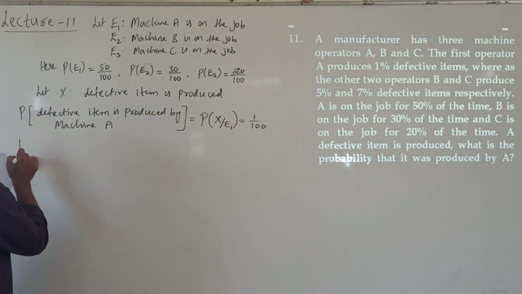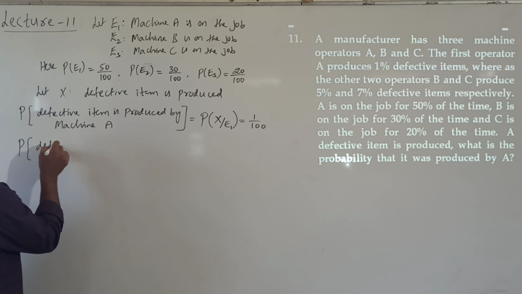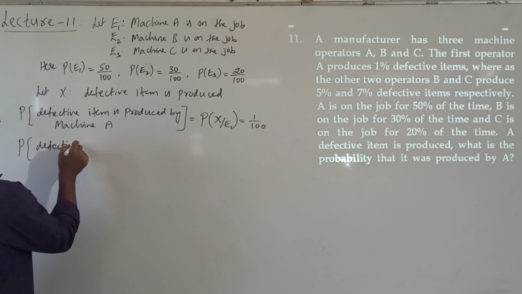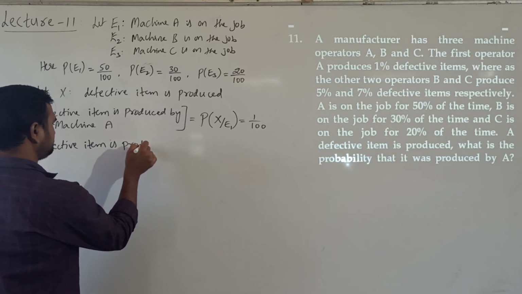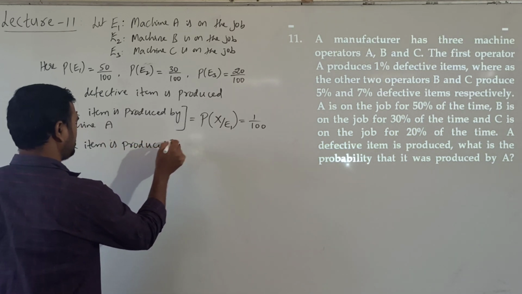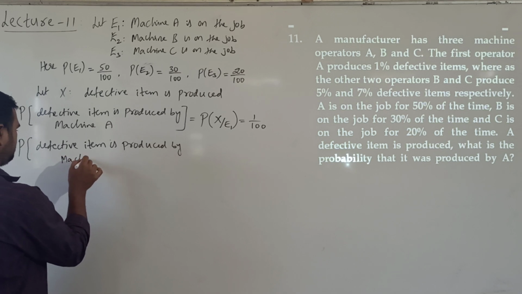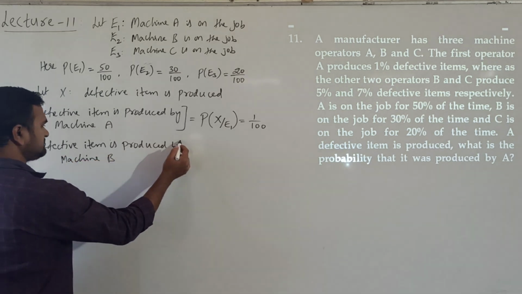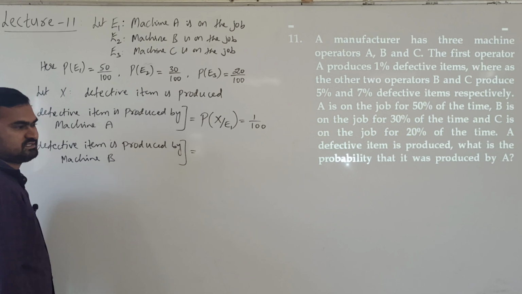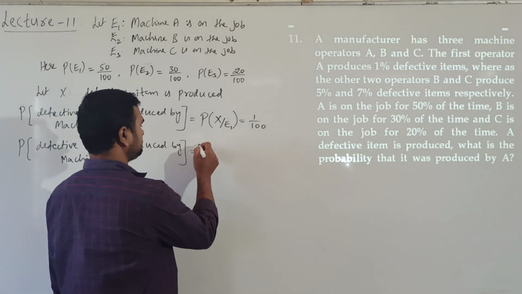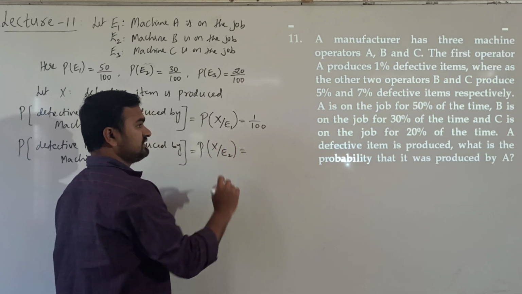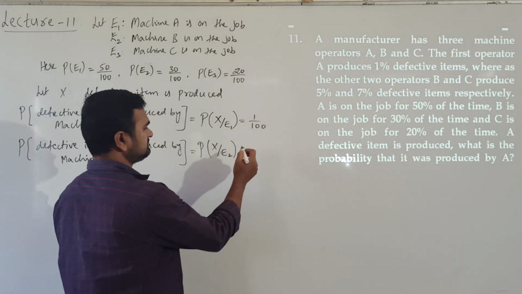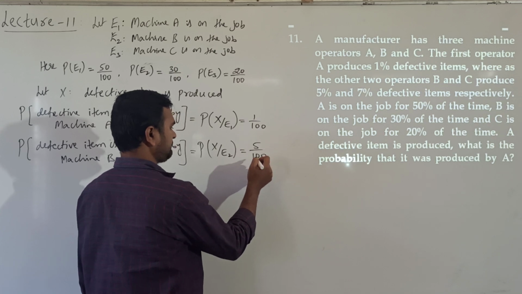Next, the probability of a defective item being produced by machine B. So if I select machine B, what is the chance that it will produce the defective items? P of X, given that machine B is selected, is 5 by 100.